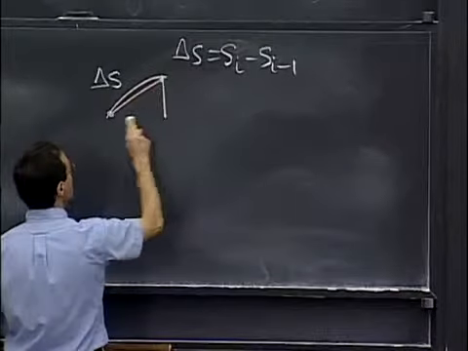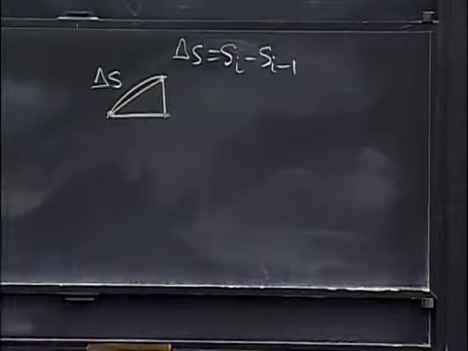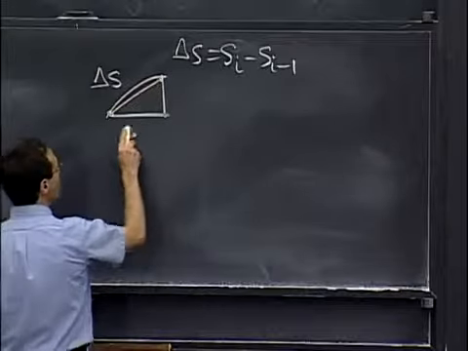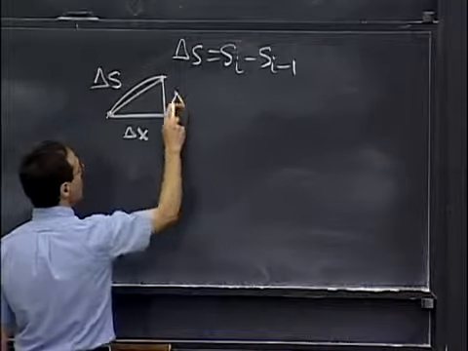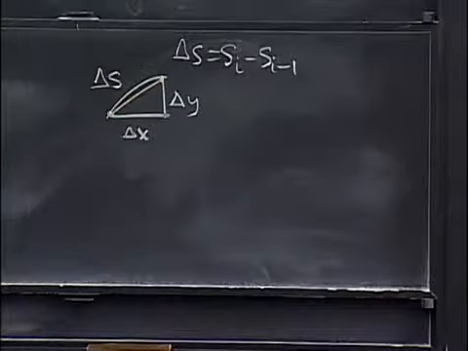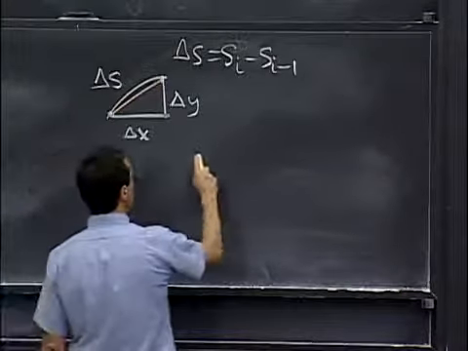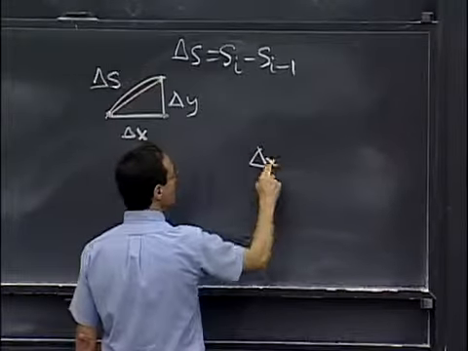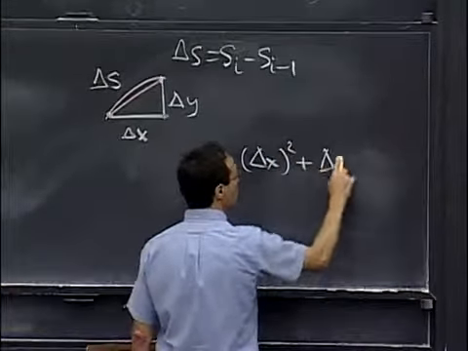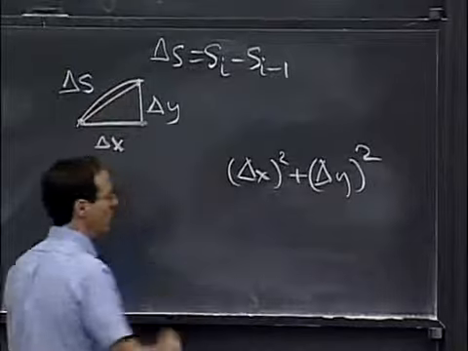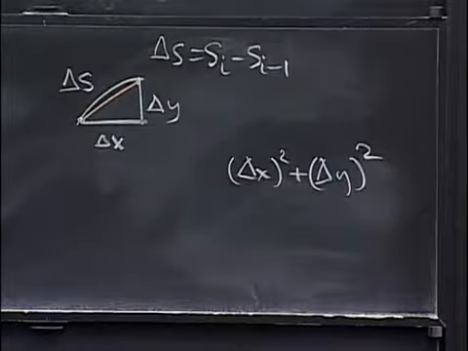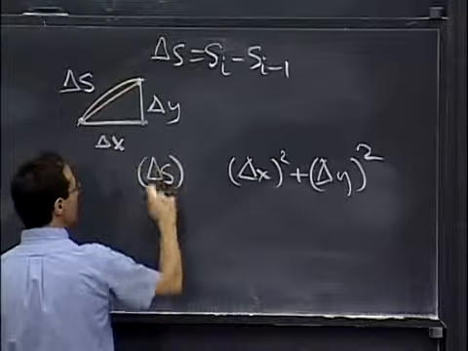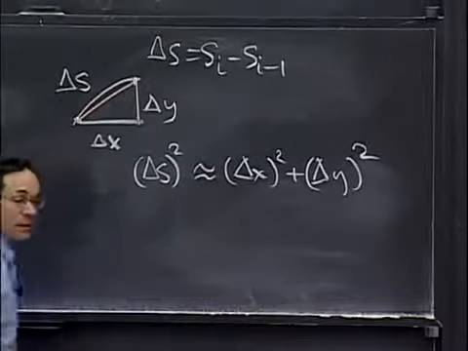And then I can figure out what the length of the orange segment is, because the horizontal distance is delta x and the vertical distance is delta y. And so the hypotenuse is the square root of delta x squared plus delta y squared. And delta s is approximately that. So what we're saying is that delta s squared is approximately this.